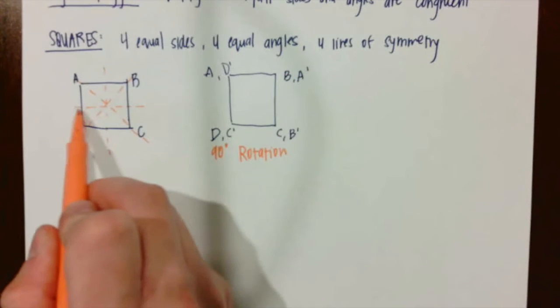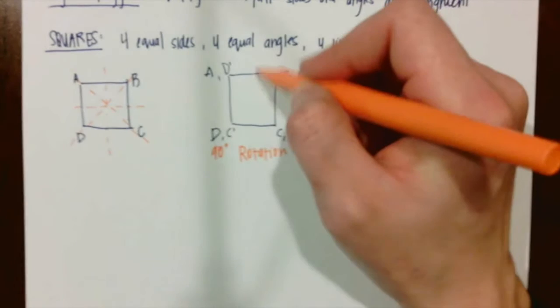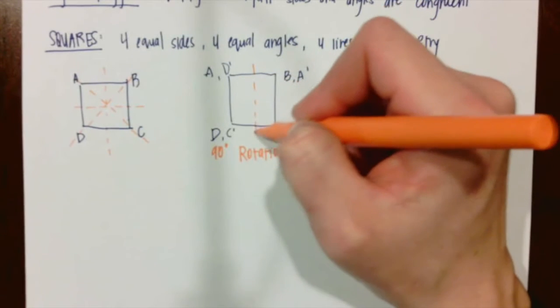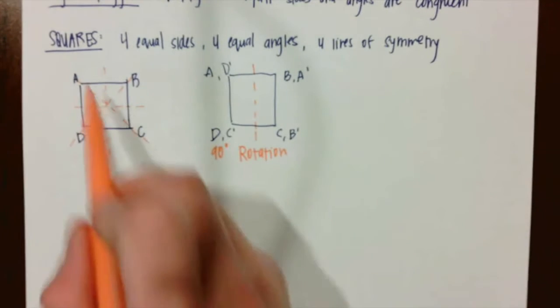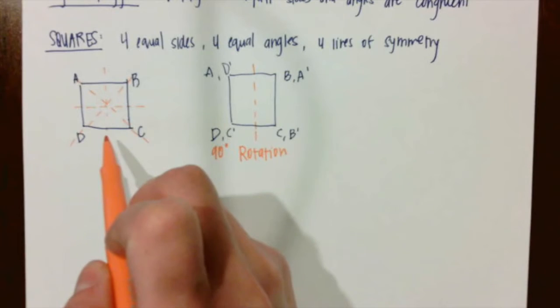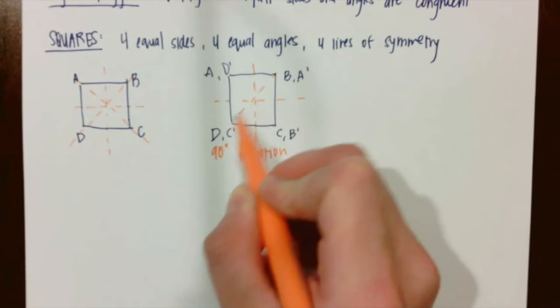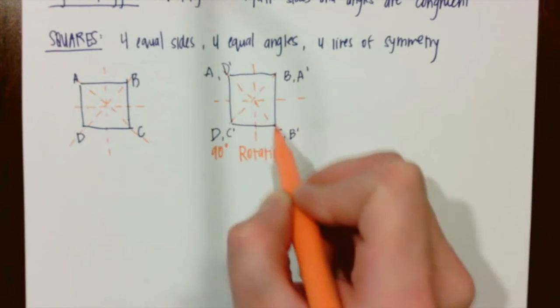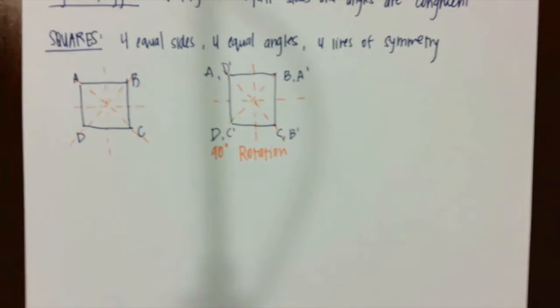Now this axis of symmetry that was going through the center, when we twisted it 90 degrees, became the axis of symmetry going up and down. When we took this line of symmetry that was going up and down and twisted it 90 degrees, it came right here. So it looks the exact same. If I hadn't labeled the sides or the angles, the corners, I wouldn't know that I had rotated this at all.